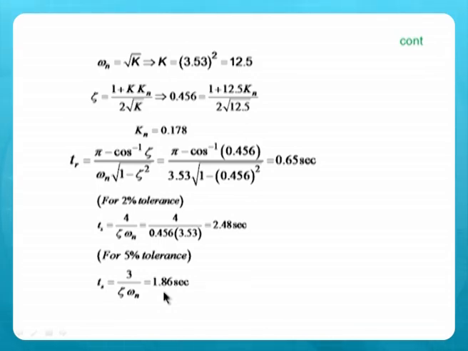Means 5% tolerance is still early, so you have 1.86 seconds. But 2% tolerance is taking still more time, 2.48 seconds. If you say 0% tolerance, then it will be greater than 2.48 seconds. Remember, all these settling times must be greater than the rise time.